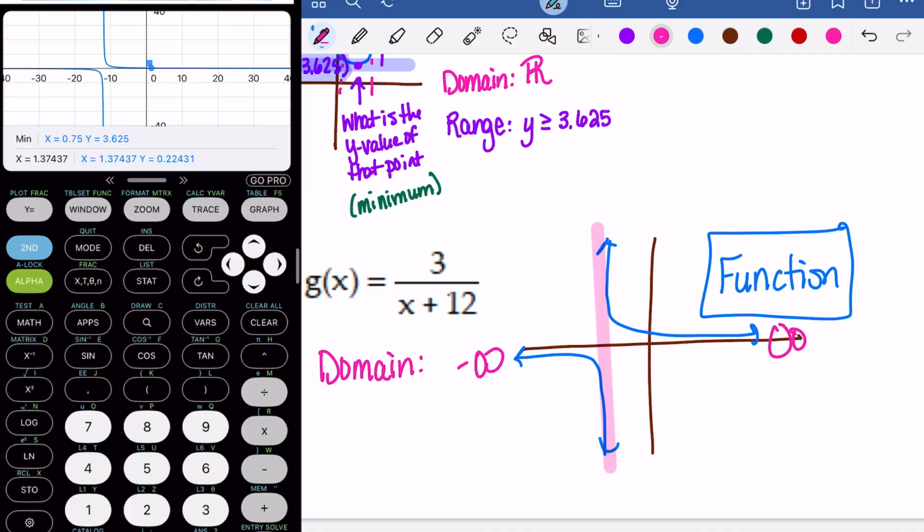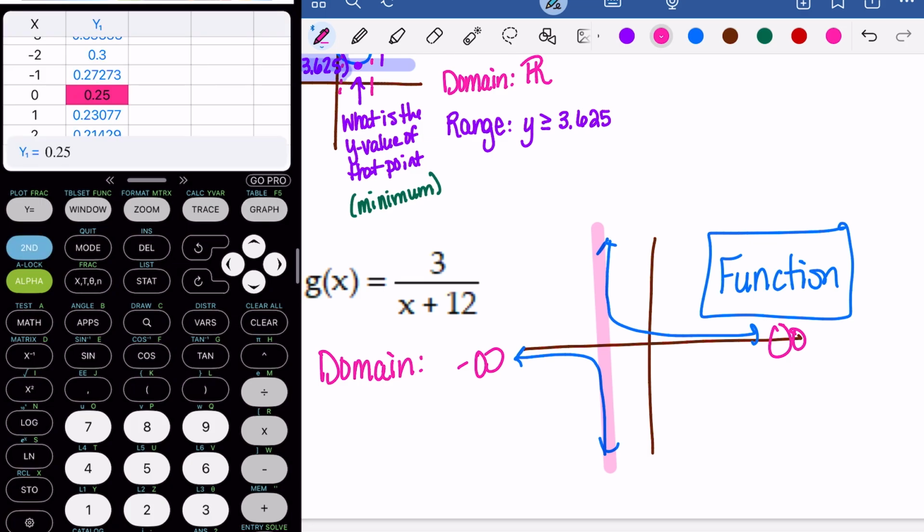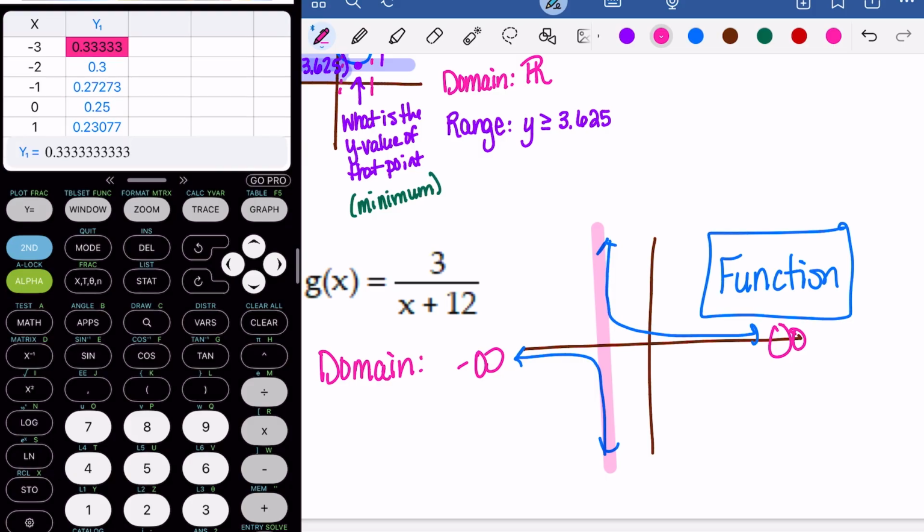Option 1, we can always look at our table. If you go to second and then graph, that gives you a table of values. And if you scroll in that table of values, we know it was in the negative side because I can see it. I'm just going to scroll and look what happens at negative 12. I get this error message. That means I don't have a value there. So I know that means my domain is everything except that value right there.